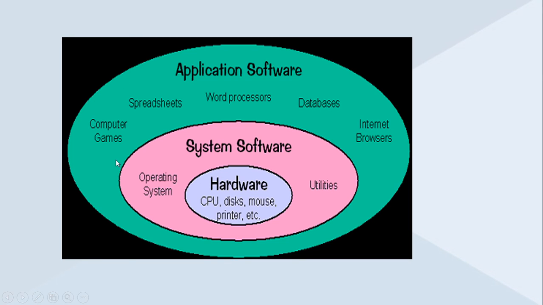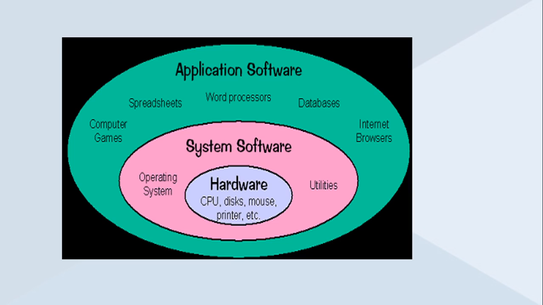As the user requests certain application software execution, it is supported by the system software of our computer system. We can use any kind of application software like computer games, spreadsheets, word processing applications, databases, and internet browsing applications, all kinds of applications as we wish.